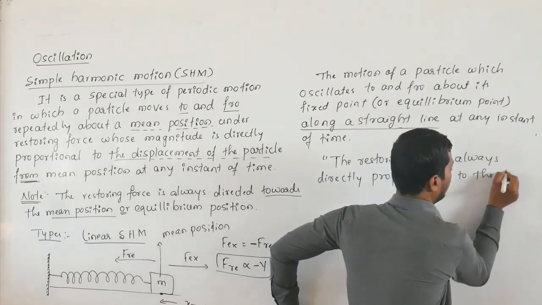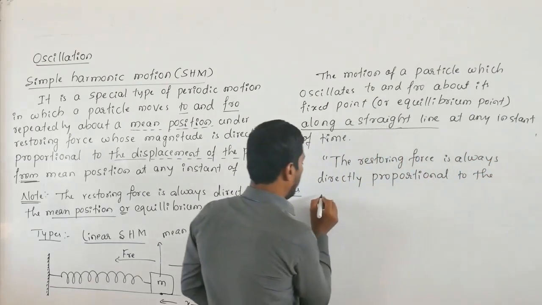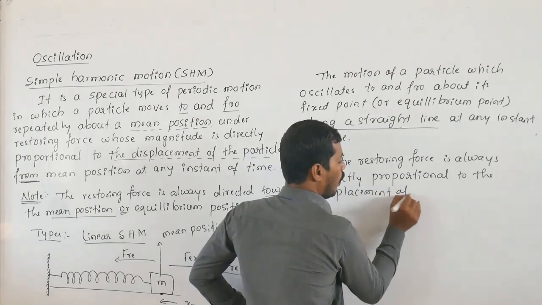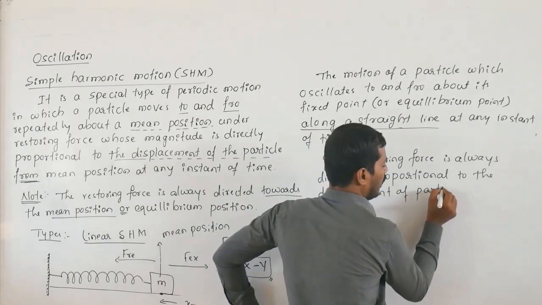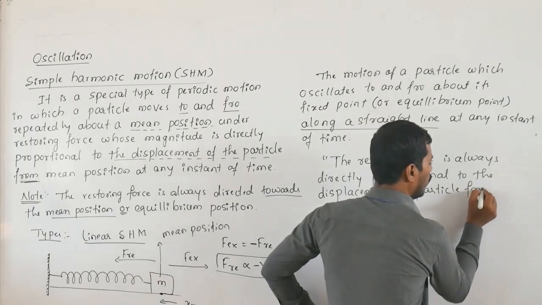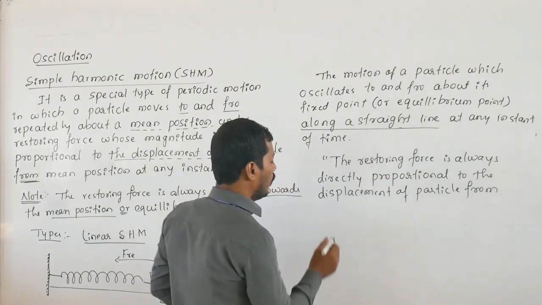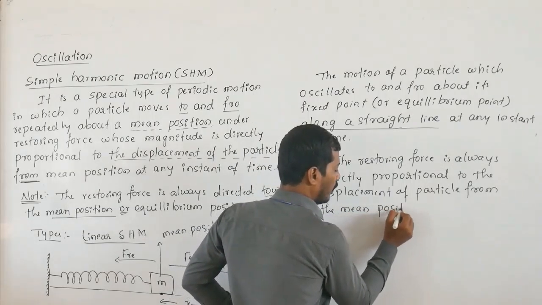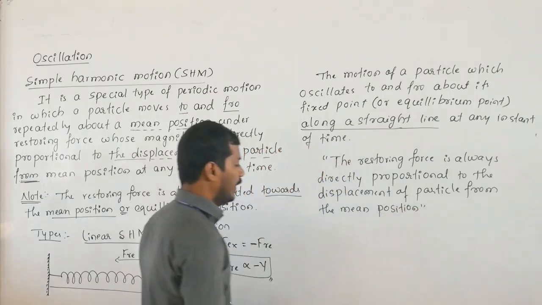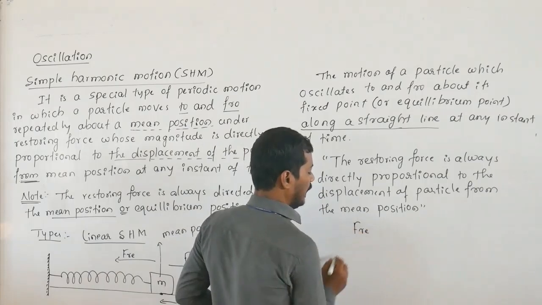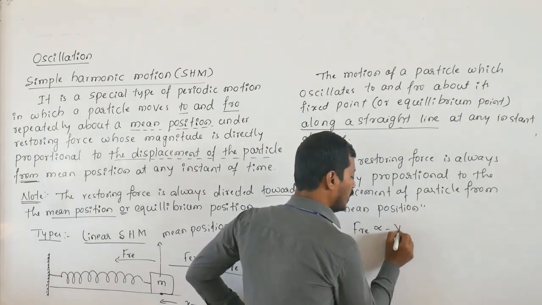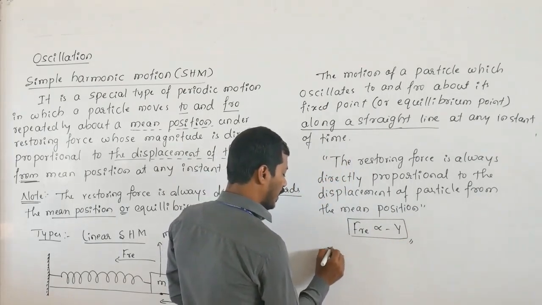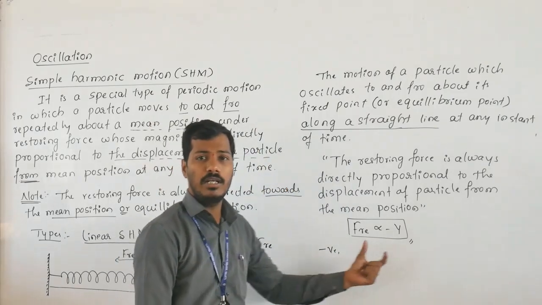The displacement of the particle from the mean position. The sentence is very important: from the mean position. It means this restoring force is directly proportional to the displacement of the body from the mean position. Here the negative sign indicates what? Both are in opposite directions.